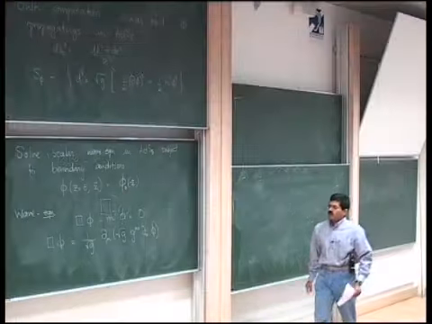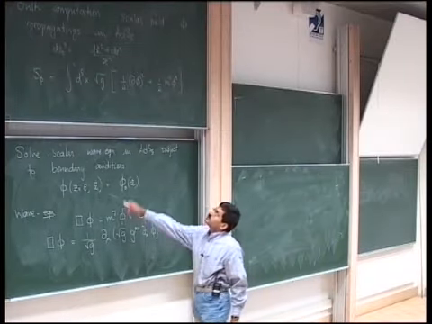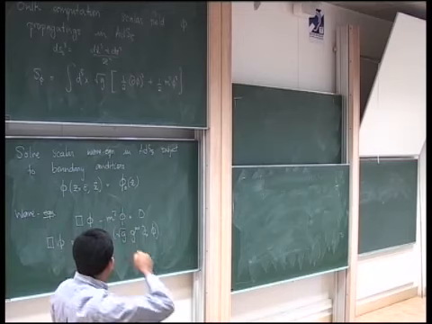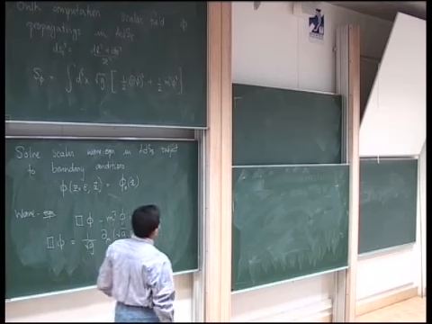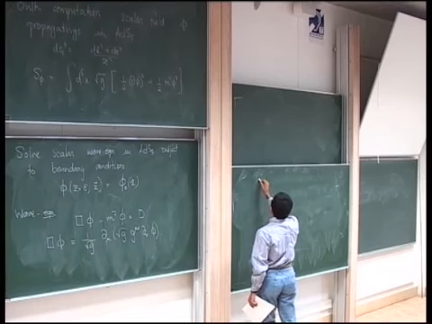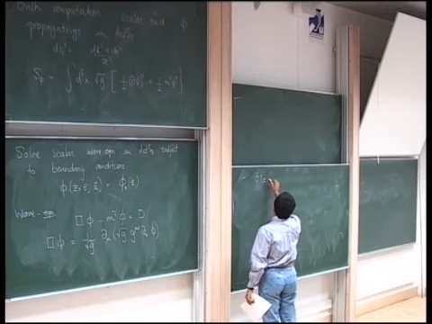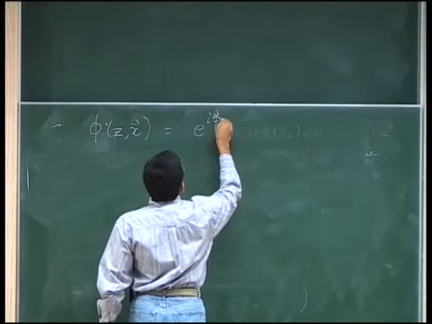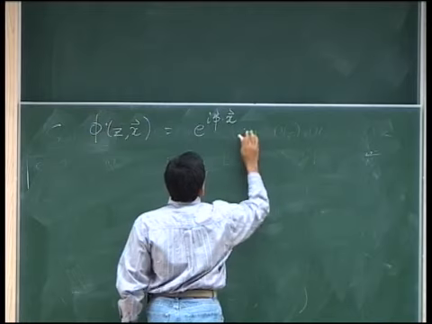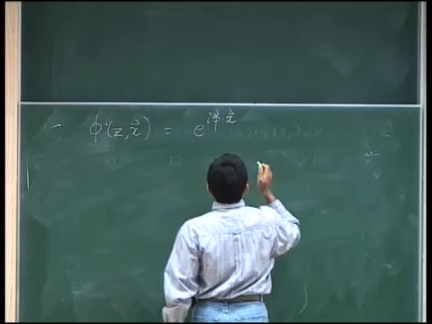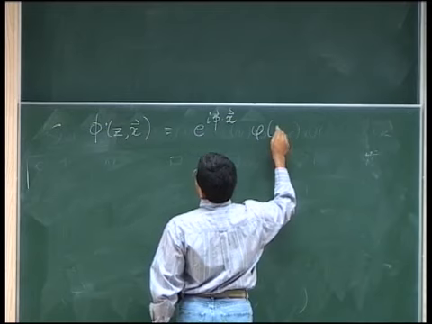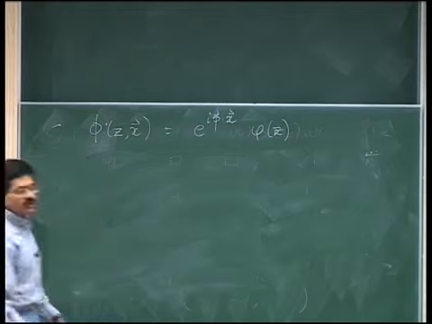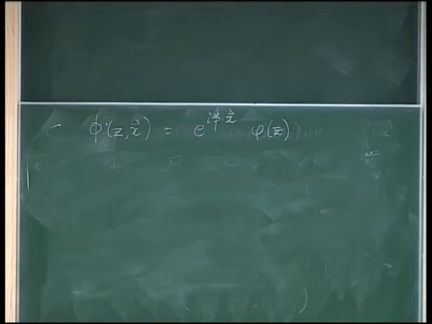Let's also exploit the fact that we have full translational invariance in the 4-dimensional boundary coordinates labeled by x, and mode expand the field phi in terms of some Fourier modes as follows.